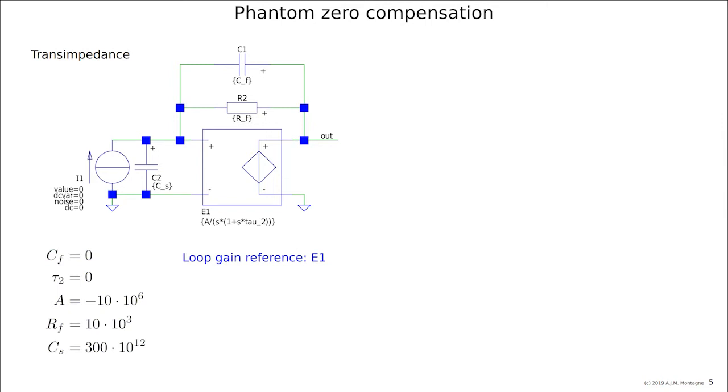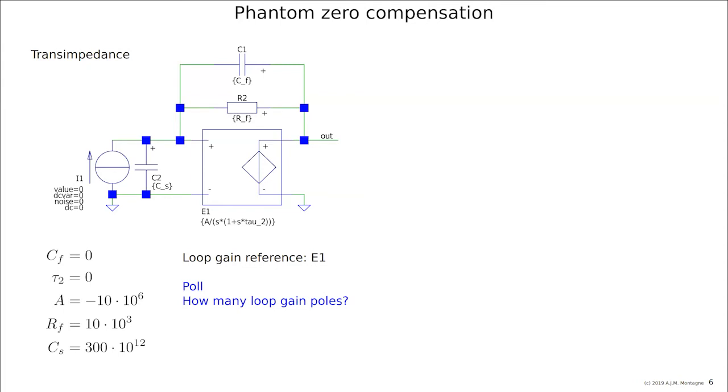And my first question to you is, how many poles does the loop gain have in this situation? Well, many of you are looking at the circuit and see just one capacitor because CF equals 0, and therefore say there is only one pole.